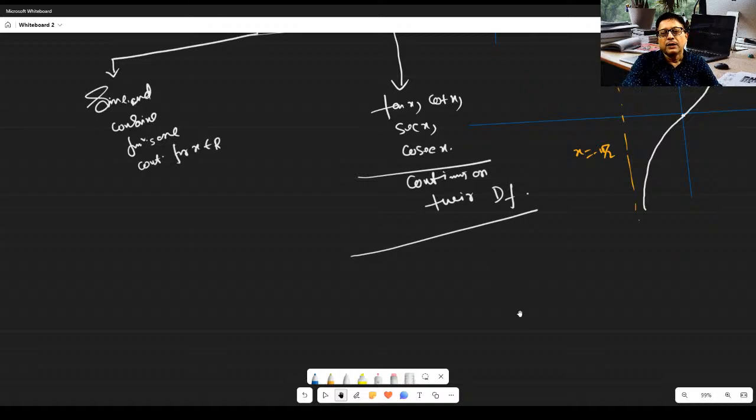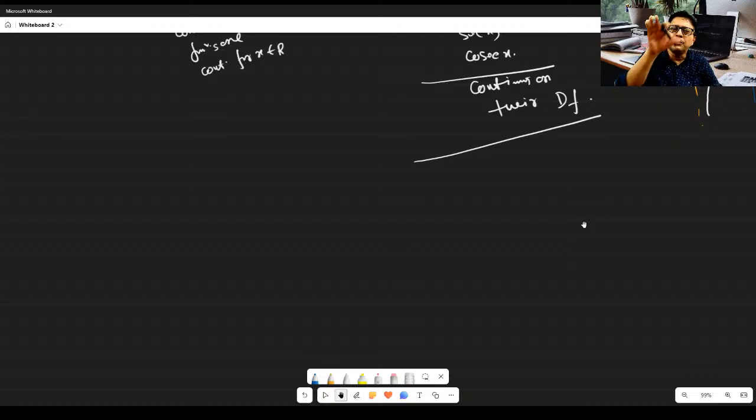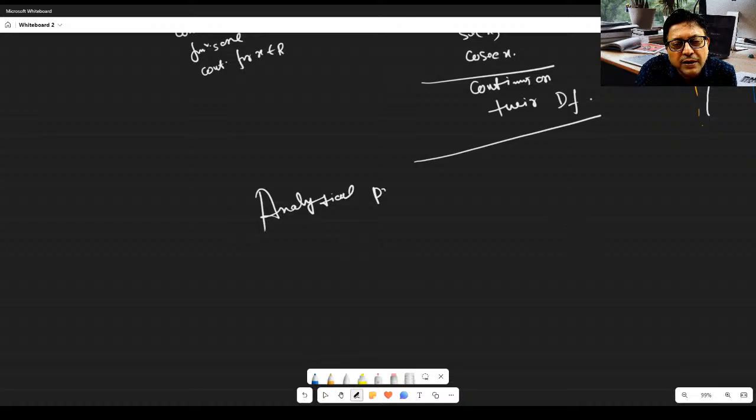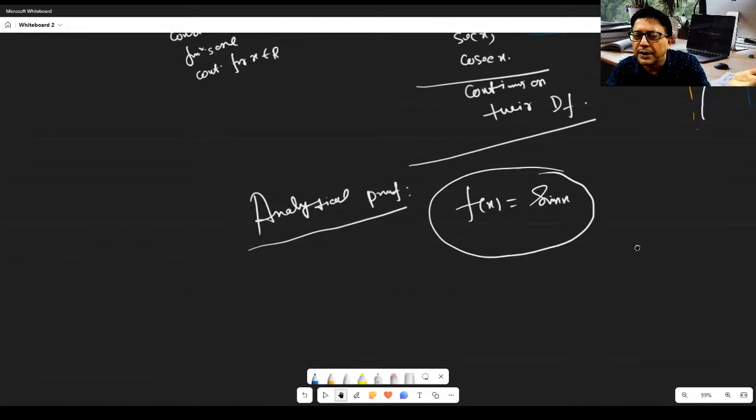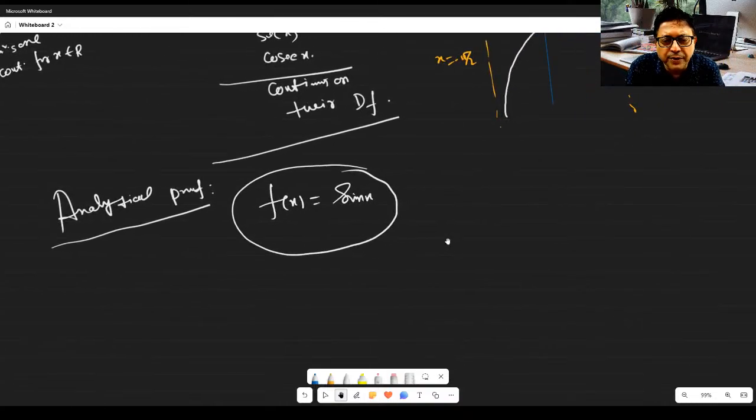Okay? But sine functions, suppose a question arises, prove analytically sine function is continuous. Analytical proof. Doing it for sin x, okay, for f x equal to sin x. See, when you are writing, I'm going to tell you another way to state continuity of the function by using limits.